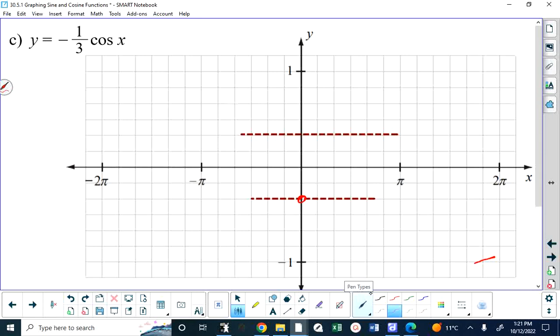You don't have to sketch this. I'm going to. That's what it would look like. Do me a favor, take 10 seconds or so and write out what the domain, range, amplitude, and period is.